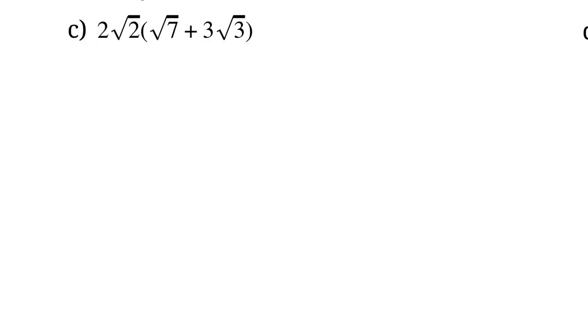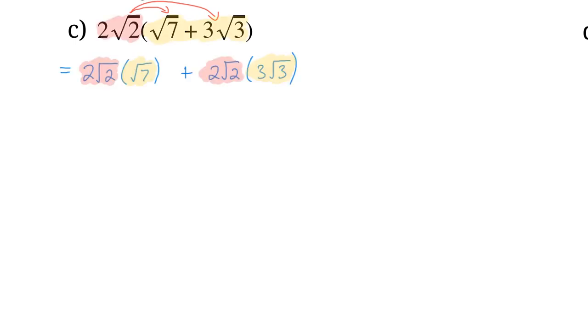So here's our next question. We have brackets here, and we have two things that are being added inside the brackets, but outside of the brackets we have this 2 root 2. So we need to distribute. Remember our distributive property? We got to multiply that 2 root 2 by everything that's on the inside of those brackets.